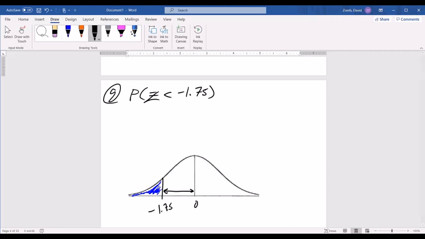So look up 1.75, so 1.7, go over to 5, and it looks like that gives you 0.4599. So 0.4599.